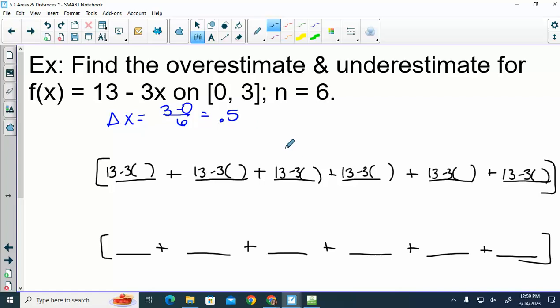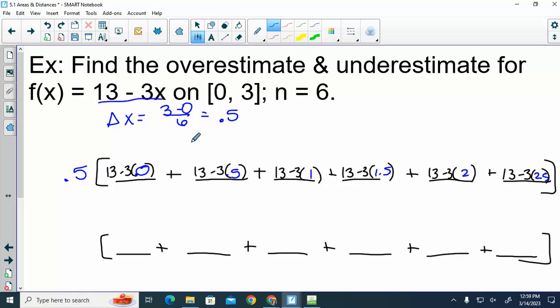So change in x is 0.5, we all agree with that? So then that will be the number you're multiplying by, that's the width of our rectangles. And then the first one you could start at 0 and then you just add that change in x. So 0.5, 1, 1.5, 2, and 2.5. And you're plugging those into the equation for the x's, right?